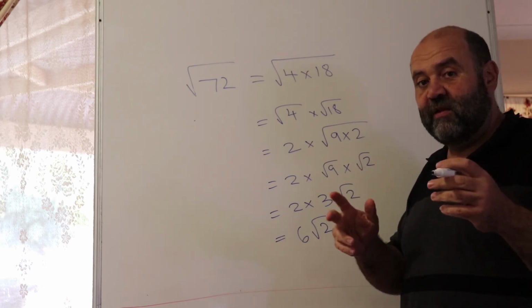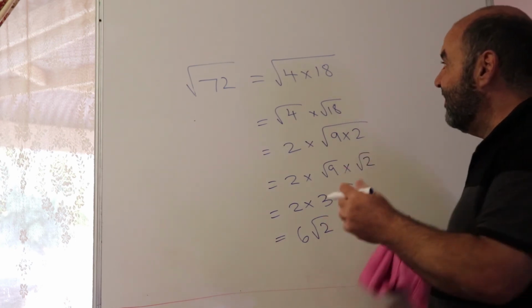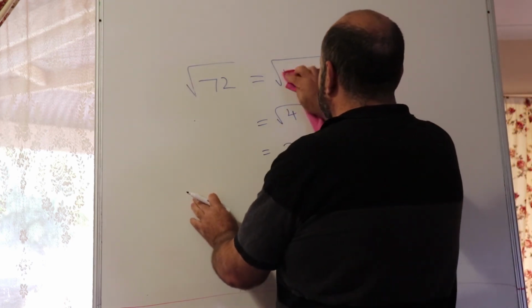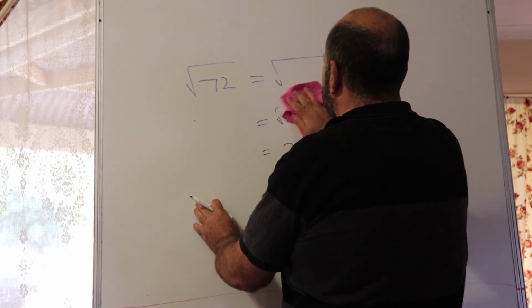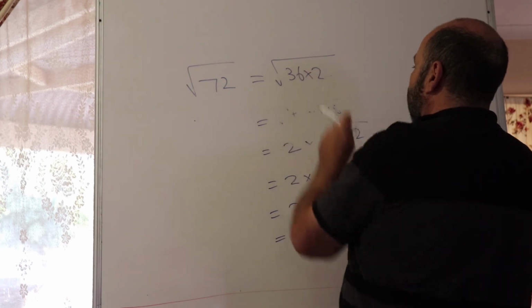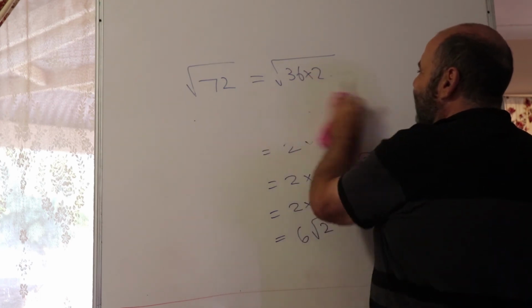Watch what happens then, okay? So we could have said, instead of 4 times 18, we could have said 36 times 2. And then what happens?